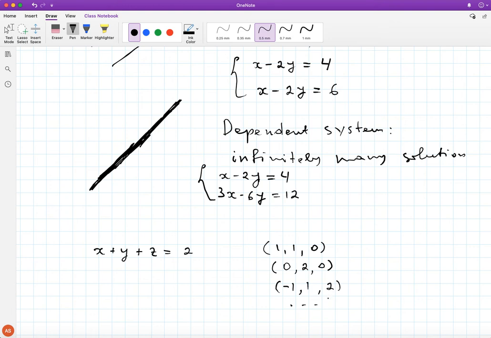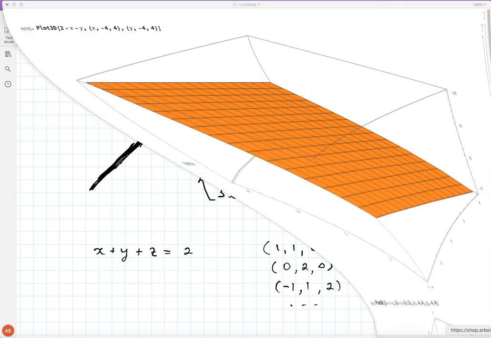Graphically, just like graphing an equation in two variables, we can graph the equation in three variables, except that this time we will have to do the graphing in three-dimensional space, which has three coordinate axes, x, y, and z. Here's an example of this graphing. I can pull it up. Okay, here.